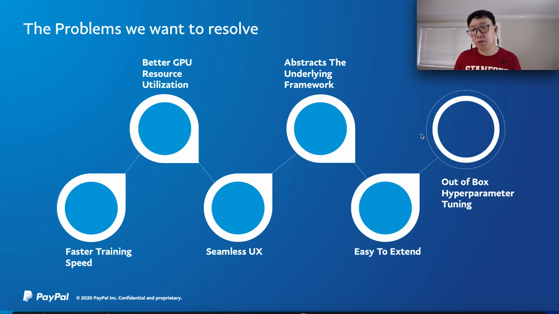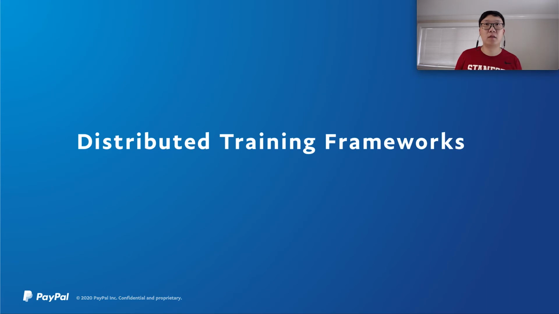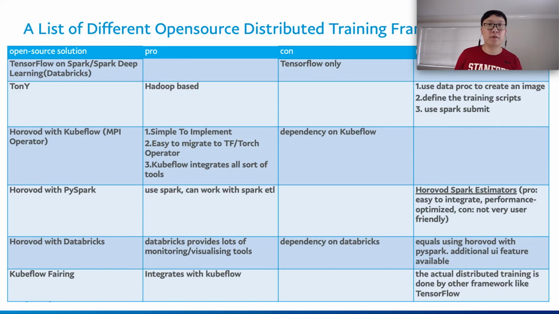And also we want to provide an out-of-box hyperparameter tuning feature. So we have compared some open source distributed training frameworks and tried to pick a solution that can fit our requirements.